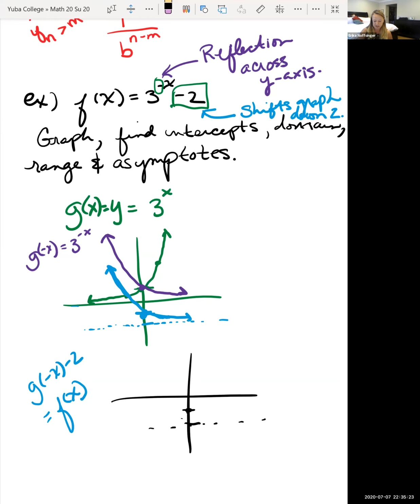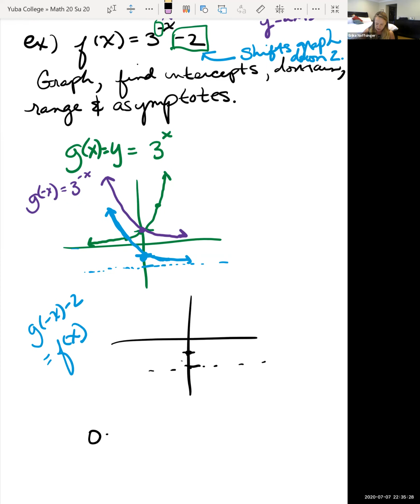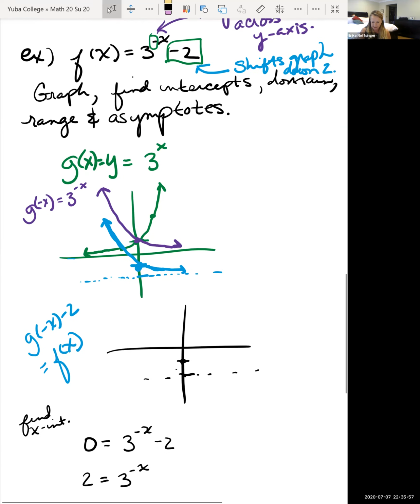Notice if we wanted to do that, we would be setting y equal to 0. So if we have 0 is equal to 3 to the negative x minus 2. X-intercept occurs when y is 0. If I added 2 to both sides, I'm looking at when is 2 equal to 3 to the negative x. Our variable is in the exponent. And so in order to get that variable out of the exponent, we need to introduce logarithms, which hopefully we'll have a time. I don't think we'll have time to do that today.